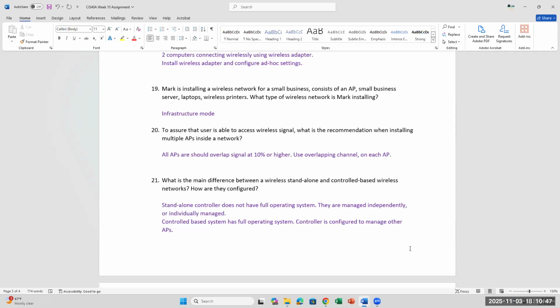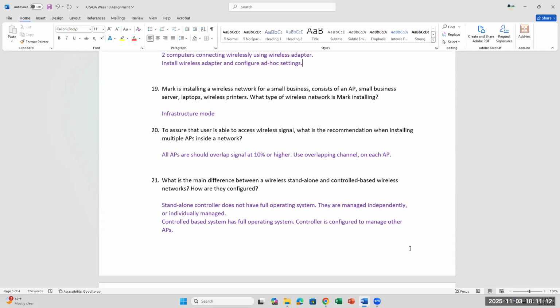So that means if you have 10 access points, you're going to have one controller for those 10. Understand? Because you cannot manage them individually. That's too much to manage. So you're going to have a control system that controls the other access points. Okay? And that streamlines everything.